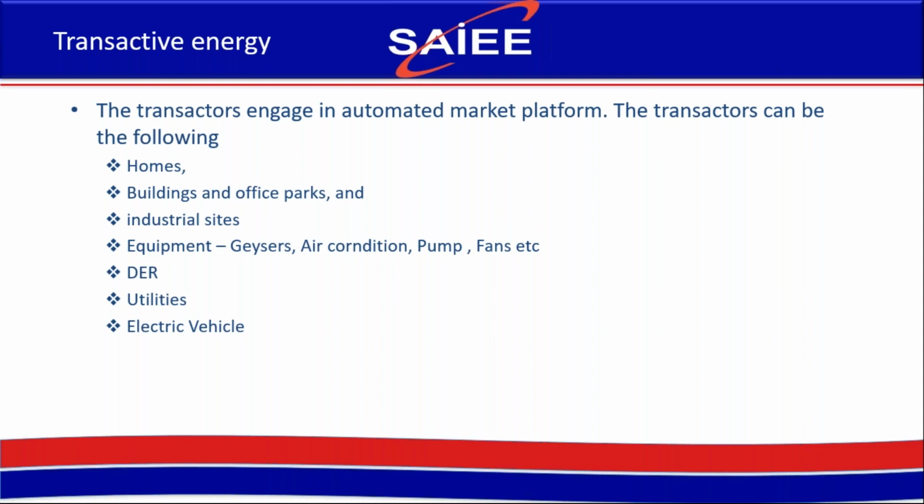So the transactors can be the following. It can be homes, so you and your neighbor can sell electricity to each other. An office park can sell electricity to you, and you can sell electricity to them. Buildings and industrial sites can do that.